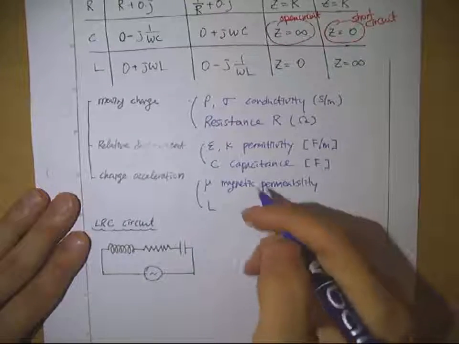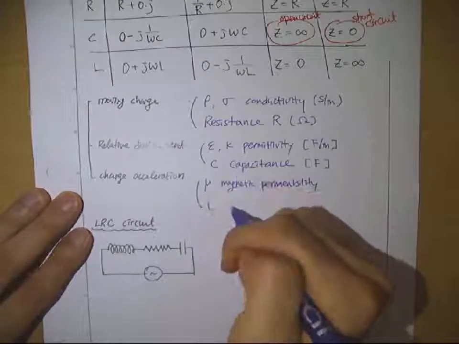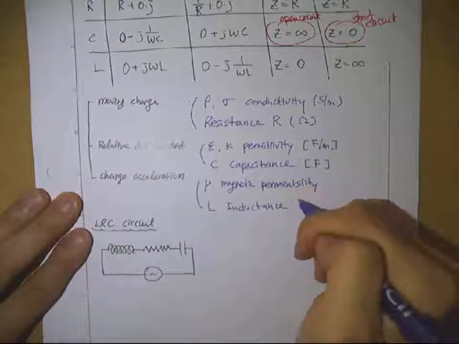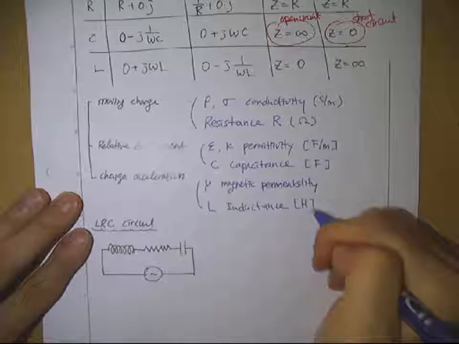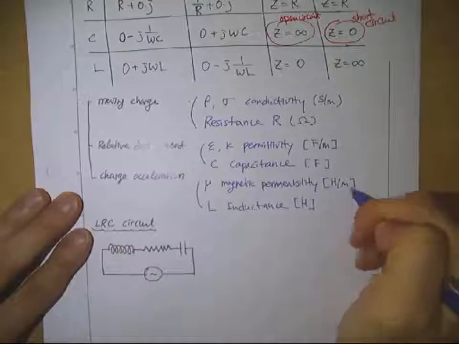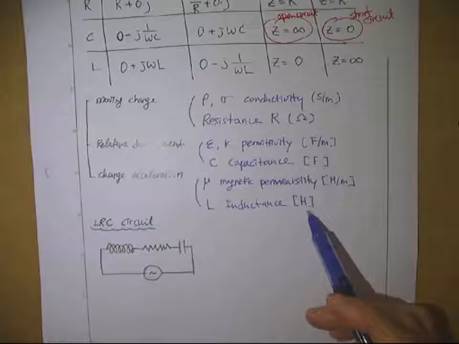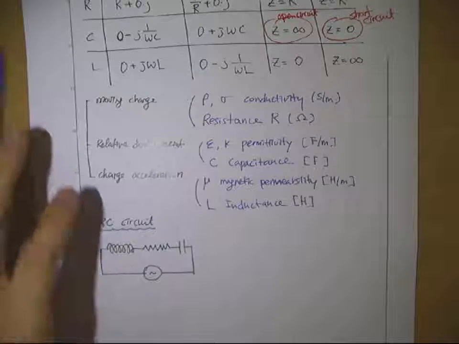And the circuit element for that is the inductance. And the unit for that is Henry per meter, and this is the Henry for inductance.